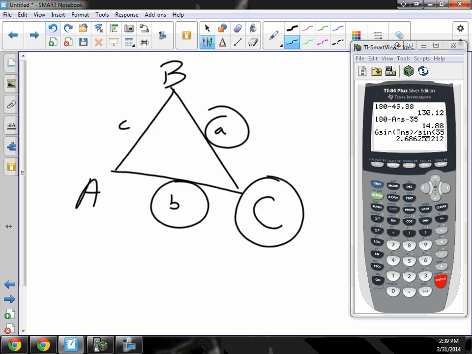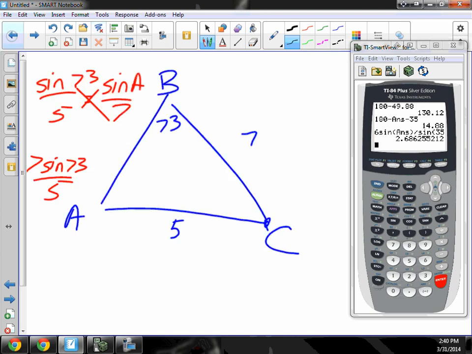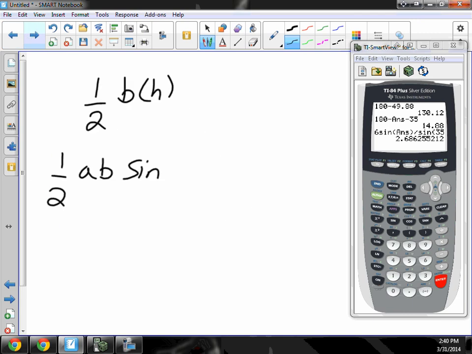So if I know two sides and the angle between them, notice A, B, C. And no matter how you arrange that, A, B, C. So going over here, if A and B are the known sides, which angle do I need? C. Or, what's another version of the formula?